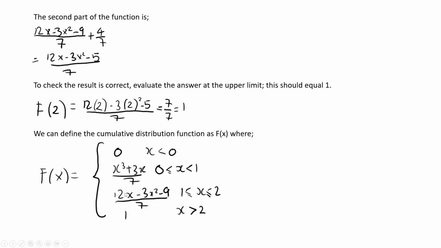Between 1 and 2, (12x minus 3x squared minus 5) over 7. And then anything beyond that will just be equal to 1. The probability won't increase anymore because our probability density function stops at 2.